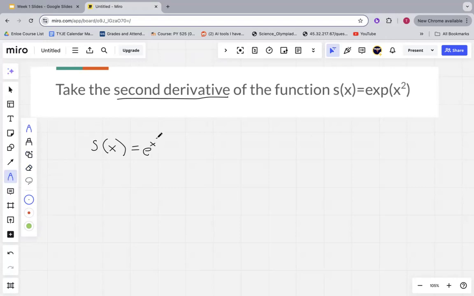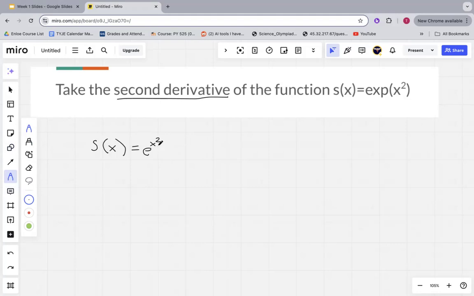So this is the same function, and the order of operations means you do the x squared first. If you do physics long enough, you're going to solve a differential equation that has a really ugly thing inside of this, so use the exp function and don't put it all up here. Anyway, small side note.